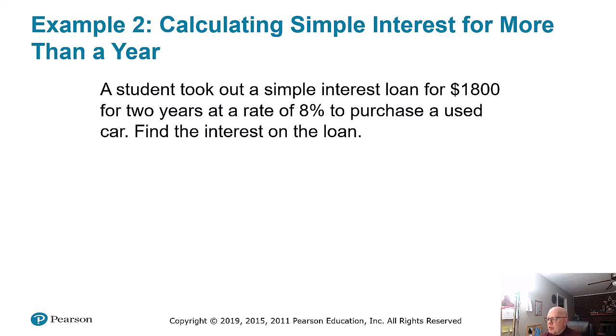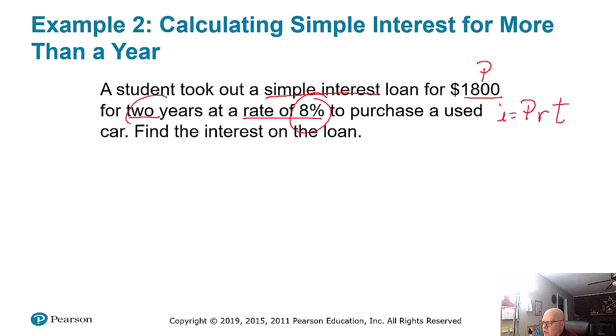Example number 2. Let's take a look at another one. Again, it's a simple interest loan, and we're going to take it out for $1,800, 2 years, at a rate of 8%. So we've got everything. We want the interest, we've got the principal right there, we've got the rate, which is 8%, and we've got the time.